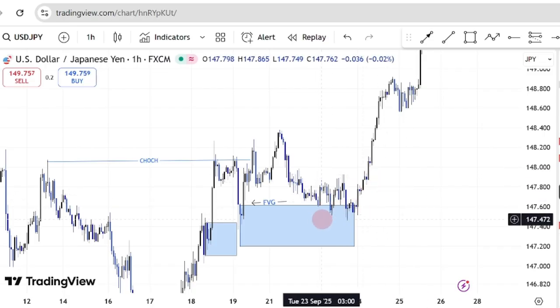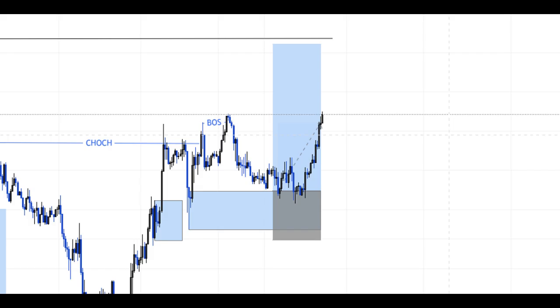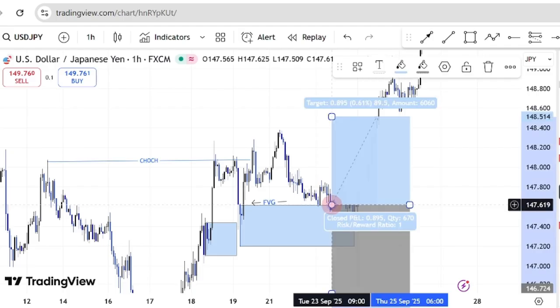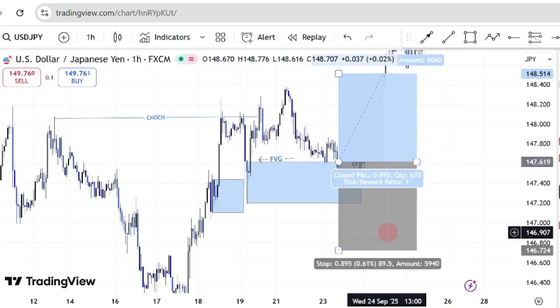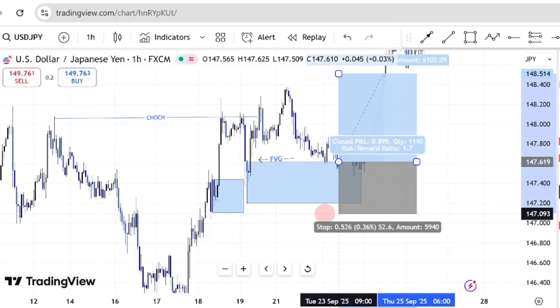So this was how we actually caught this trade. We took our buy at this point. Our stop loss was 50 pips.